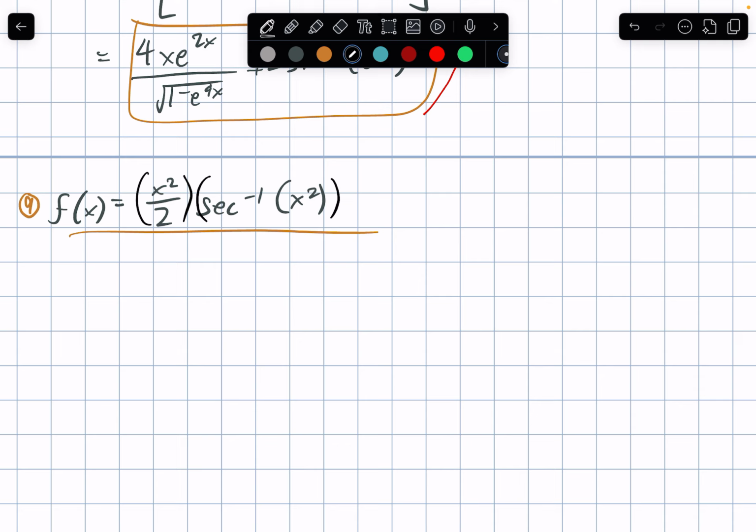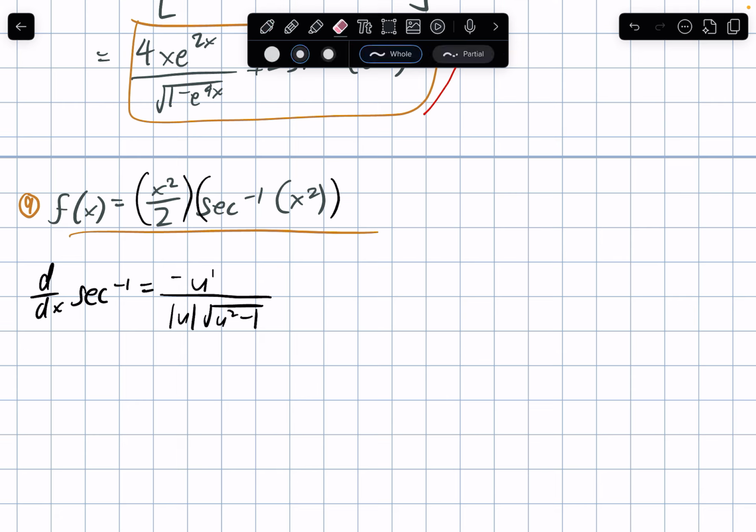and the formula for the derivative of arcsecant is, I think it's this. Let me verify. Oh, okay. I got it wrong. This is supposed to be positive. Okay, that's it. That's the correct formula.